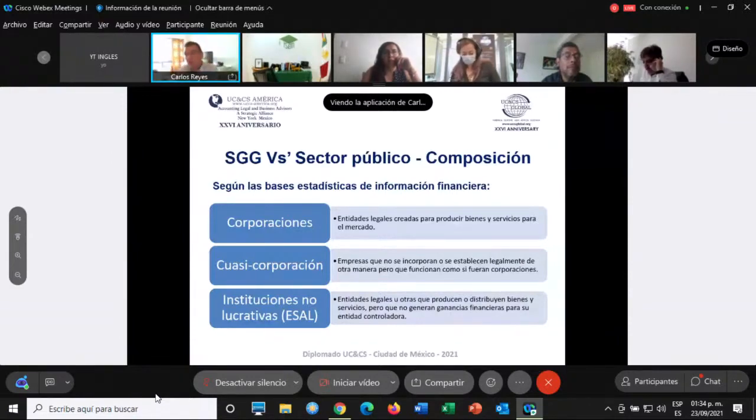This is the definition of corporations according to financial information statistics. A quasi-corporation is a company which is not legally incorporated but works as a corporation.